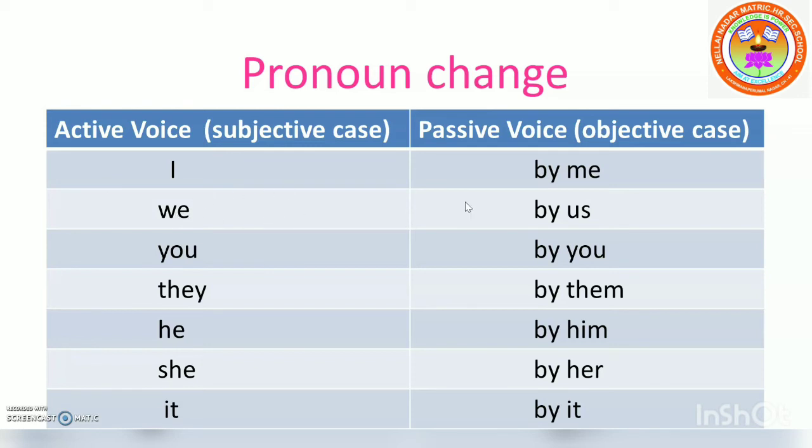Similarly, we is changed into by us, you is changed into by you, they is changed into by them, he is changed into by him, she is changed into by her, it is changed into by it. So these are the pronoun change. We should remember this before we change active into passive form.